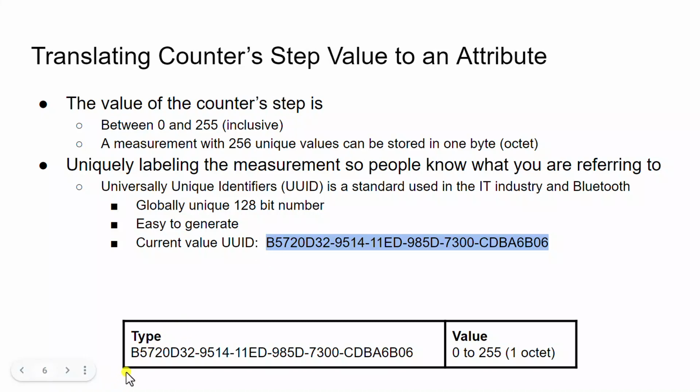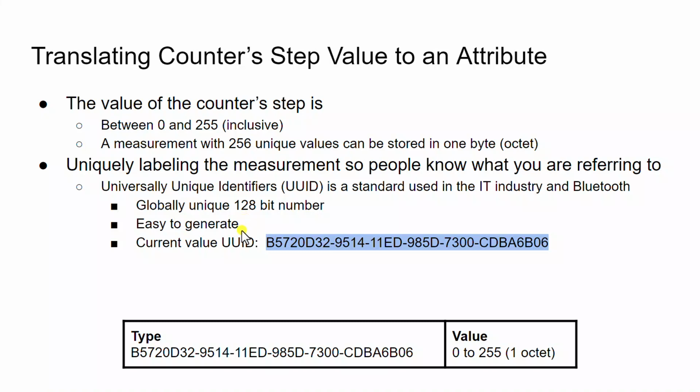And the way they chose to do it is to use something called universally unique identifiers, UUIDs. This is a standard that's used in the IT industry. It's used in different operating systems, such as Windows. And what it is, is a 128-bit number.